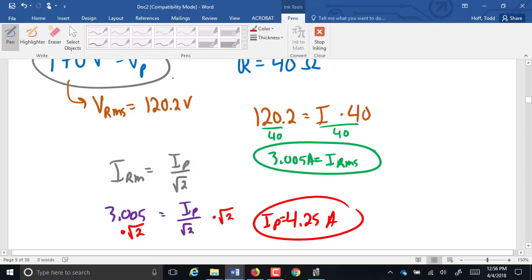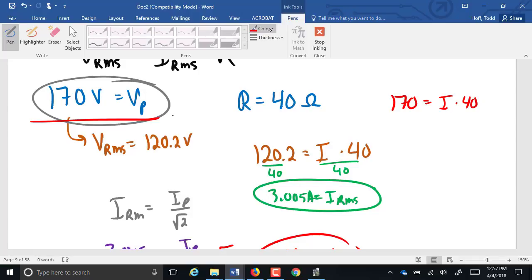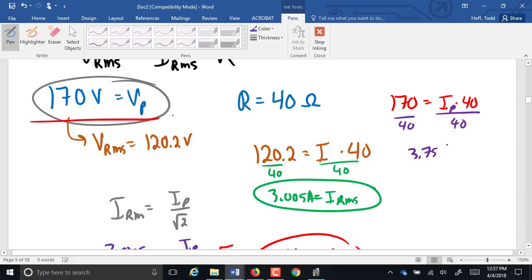Or I could have gone back to Ohm's law and just used the peak voltage. 170 volts peak equals current times 40 ohms. Since this is my peak voltage, this is going to give me a peak current. 170 divided by 40 is going to give me 4.25 amps for my peak.